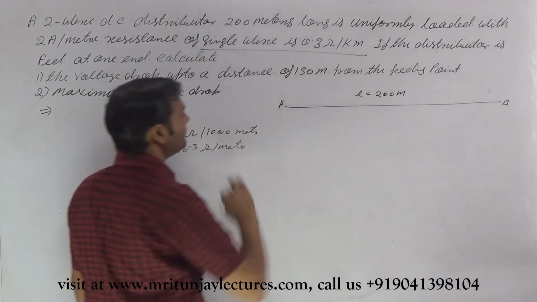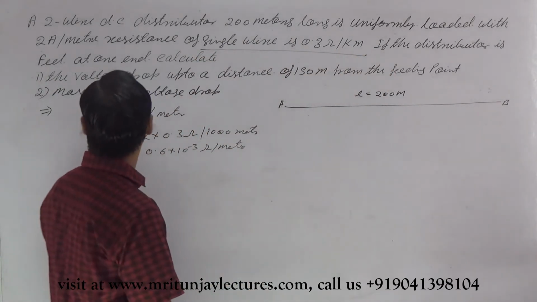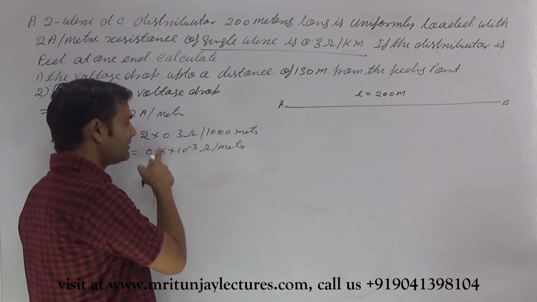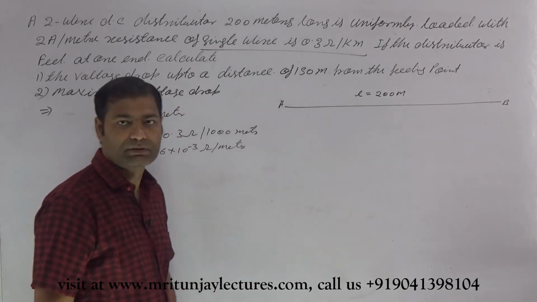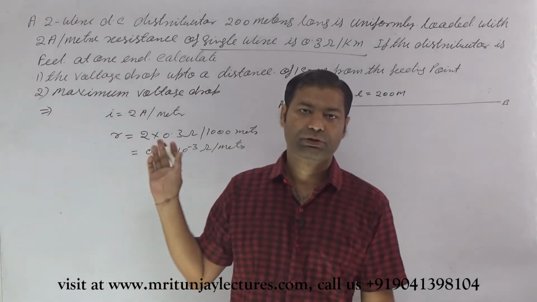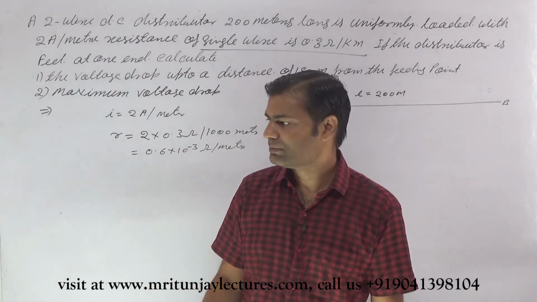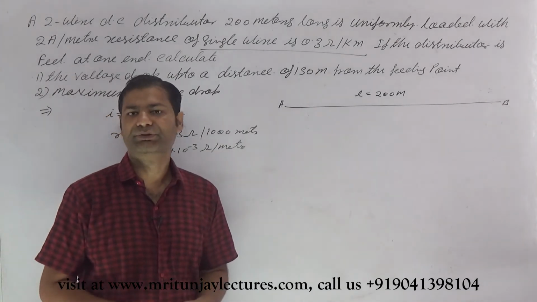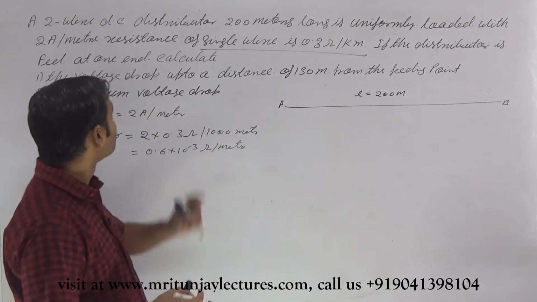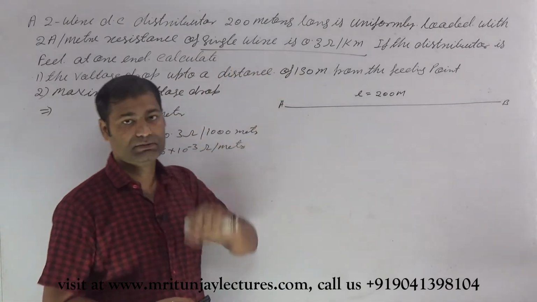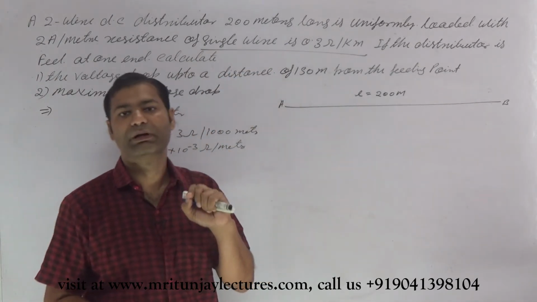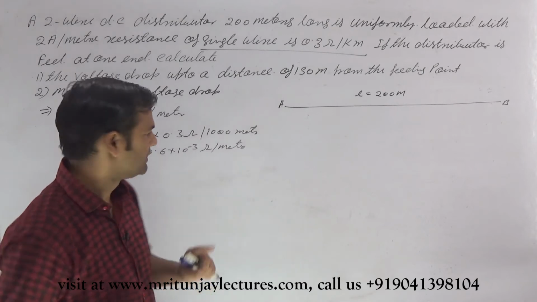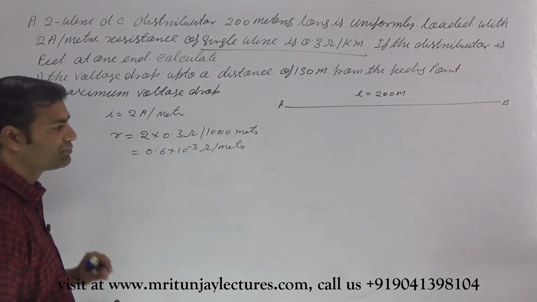Given single wire. If given corresponding 2-wire system, then it is given only 0.3 ohm per kilometer, or you can say 1 by 1000 meter. But here given single wire, and our formula is developed corresponding to 2-wire system. That's why multiply by 2.